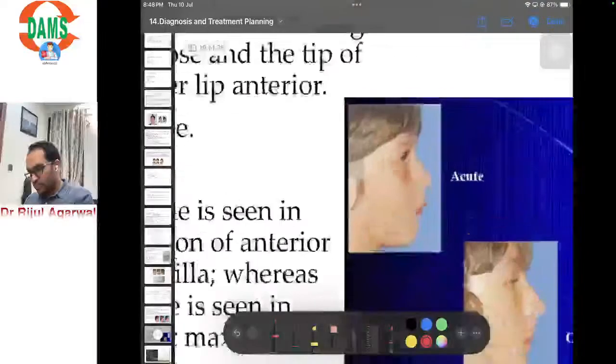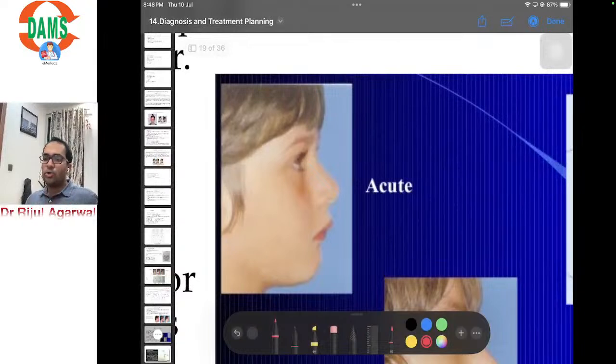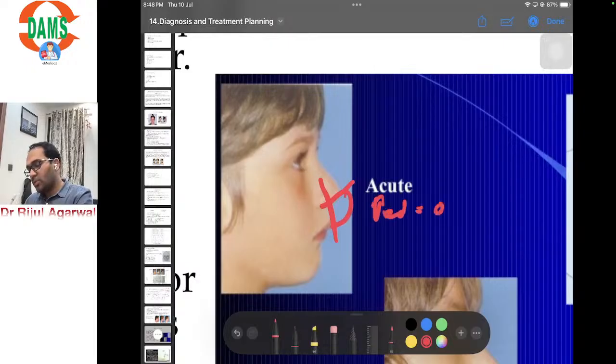Now as I told you, in the nasolabial angle, there are two lines. Where do we get the two lines in the nasolabial angle? One from the lower border of the nose, second from the lip. Now sometimes it so happens that the upper nose is upturned. Now if the nose is upturned, what will happen? This angle becomes increased or obtuse.